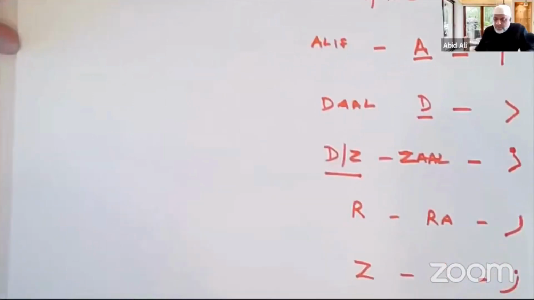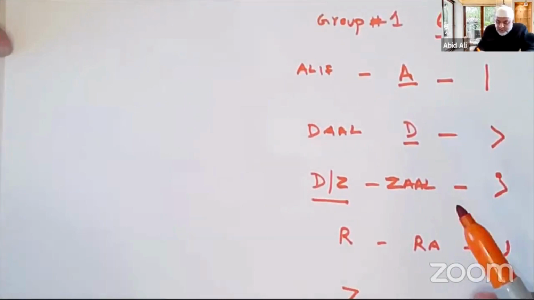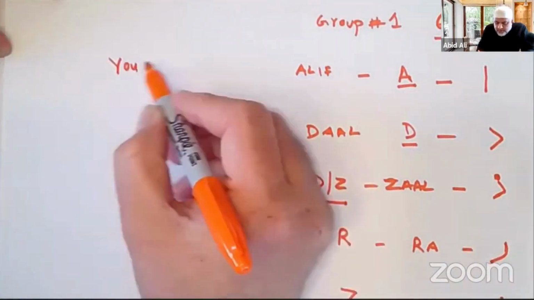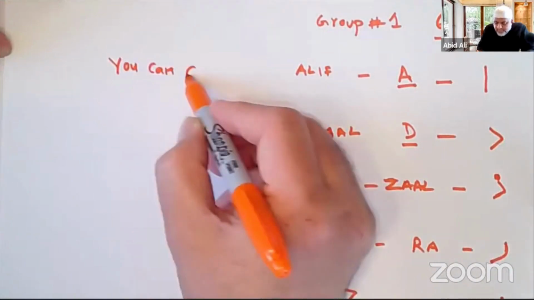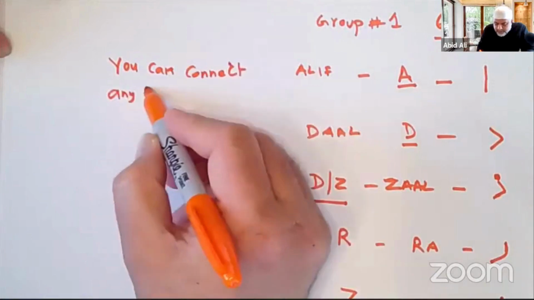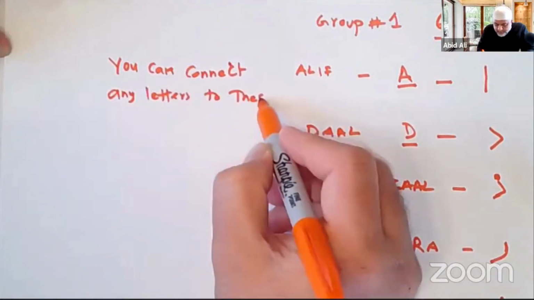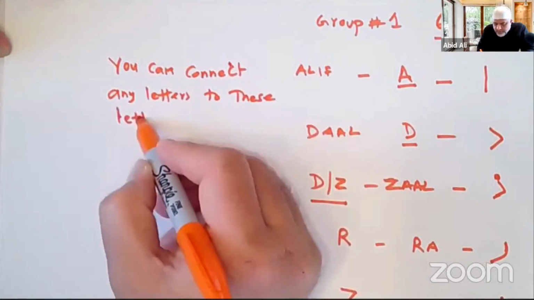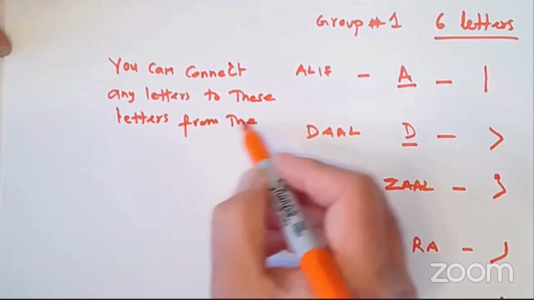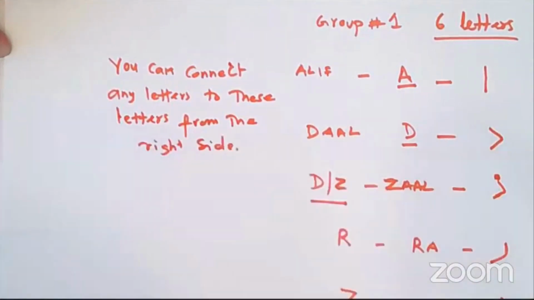What is so special about these letters that I separated them out is that you can connect any letters to these letters from the right side. What does that mean?